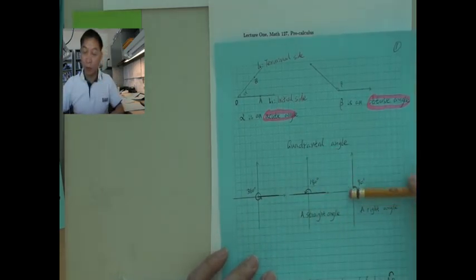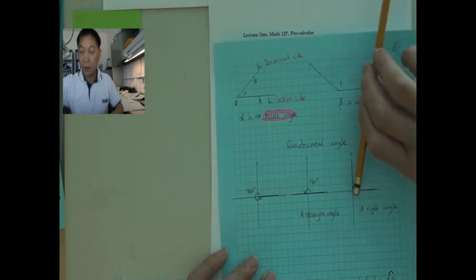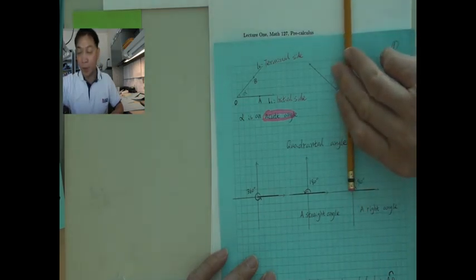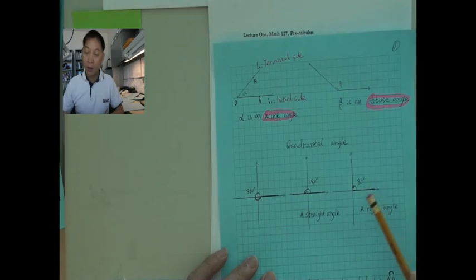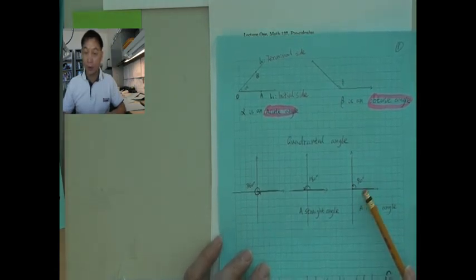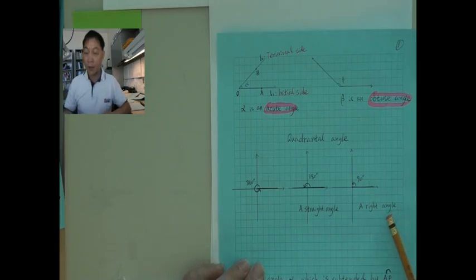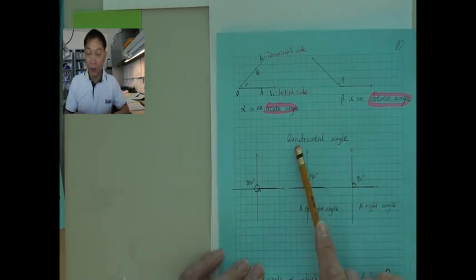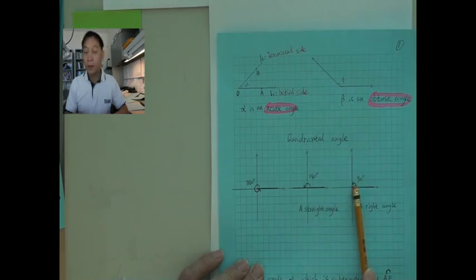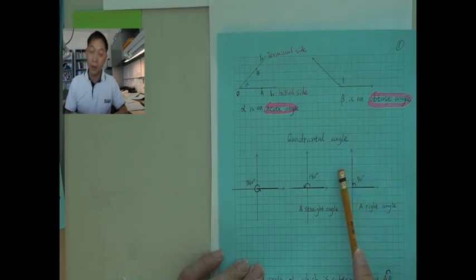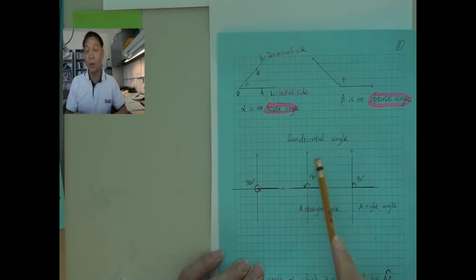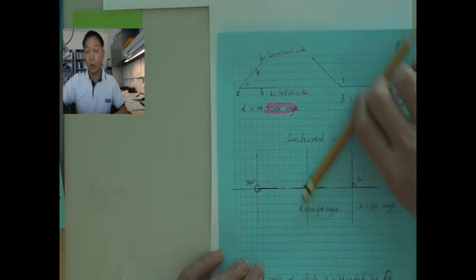You see right here, if you rotate, and then you stop right here on the y-axis, this is 90 degrees. It's 90 degrees, then it's a right angle. And this angle is actually called a quadrantal angle. Okay, it's not in the first quadrant, and it is also not in the second quadrant.